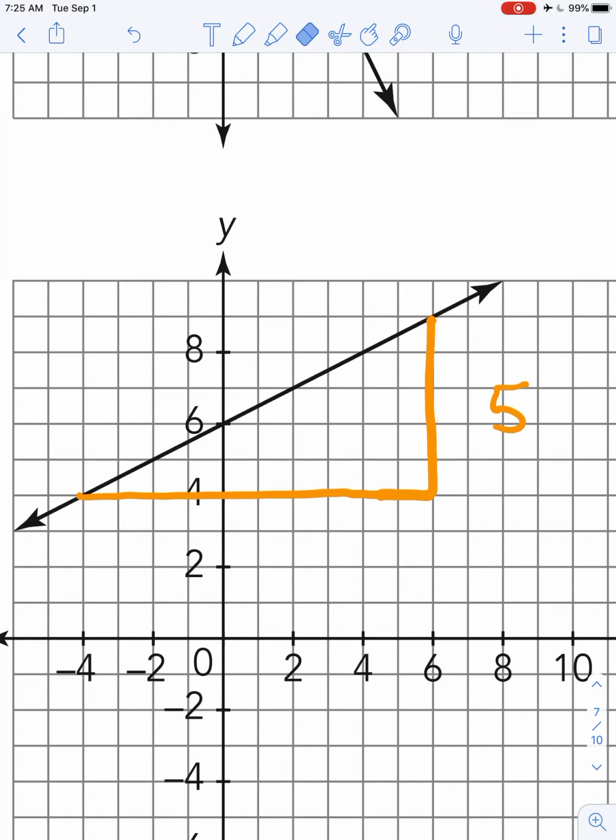And then we have 1, 2, 3, 4, 5, 6, 7, 8, 9, 10. So my slope is 5/10. So my slope is 1/2.